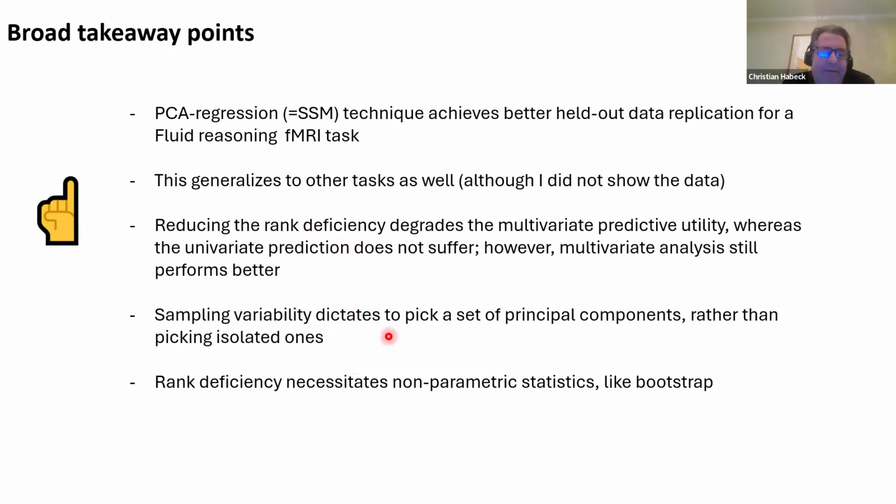Then these caveats. This is maybe not so much an imaging feature, but I've seen it in other uses of PCA where people pick principal components in an isolated manner, and I wanted to warn against that. Of course, you can do this descriptively, but it's maybe not a good thing to do from the point of view of inferential robustness.